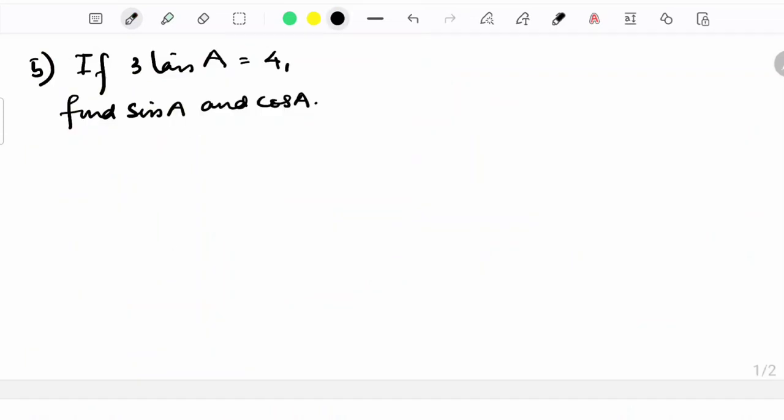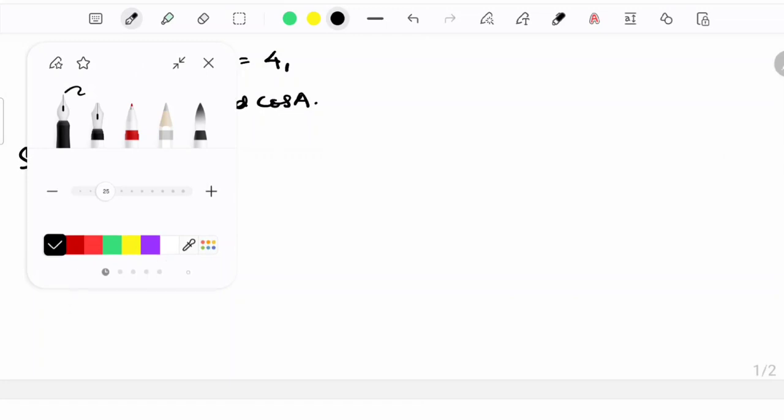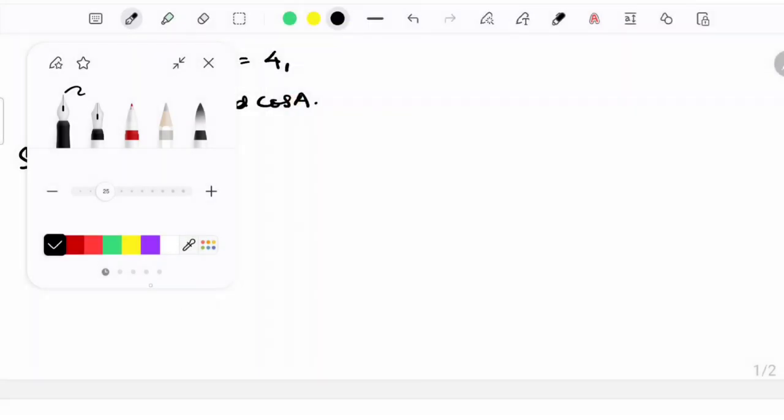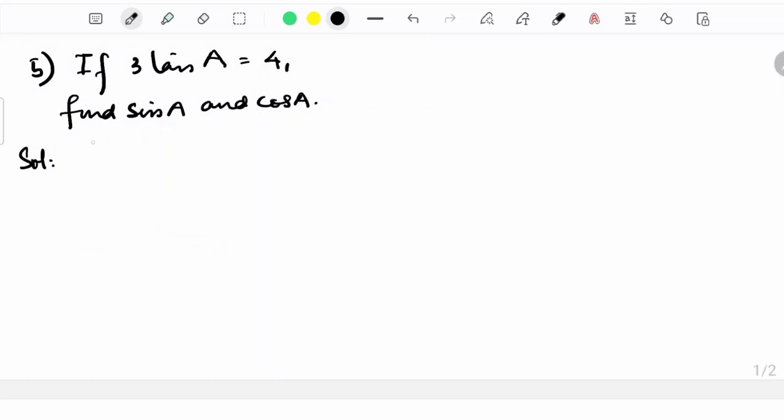Now my next fifth question is, if 3 tan A is equal to 4, find sin A and cos A. So solution: given 3 tan A is equal to 4. So cross multiplying 3, tan A equals 4 over 3.